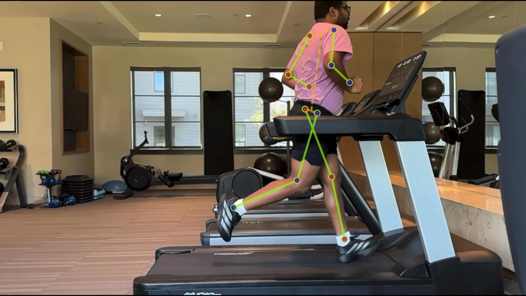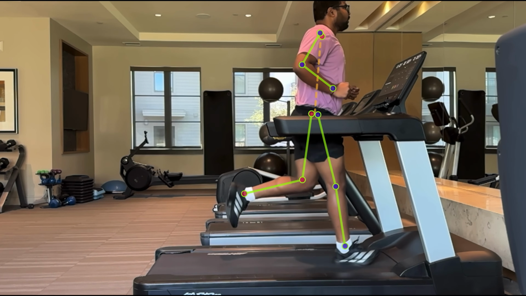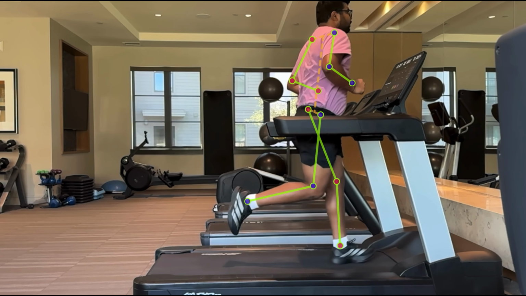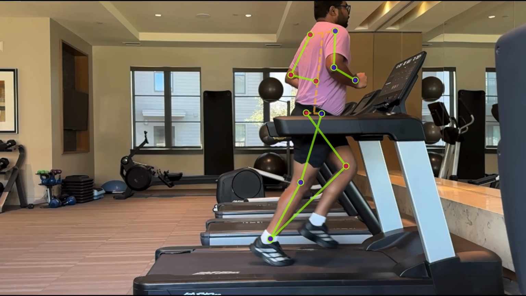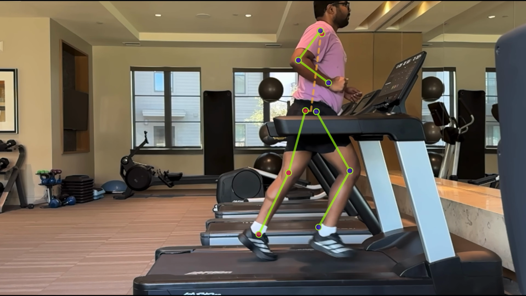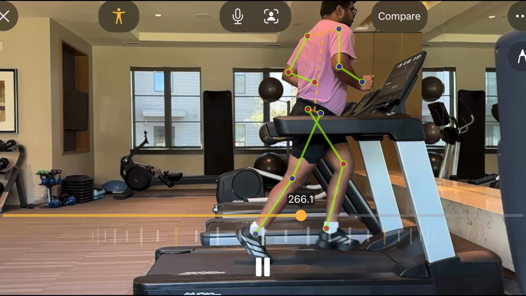Over time, this increases impact on the shins and knees and reduces running efficiency. The goal is for the foot to land under the hip, allowing the legs to act like a spring rather than a brake. By shortening the stride slightly and focusing on landing closer to my body, I can reduce resistance force and improve efficiency.